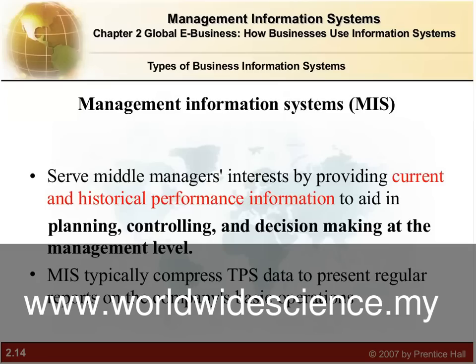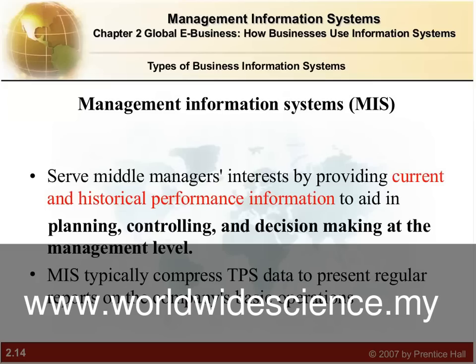So MIS uses the information and data that TPS supplies to it. MIS serves managers primarily interested in weekly, monthly, or even yearly results.